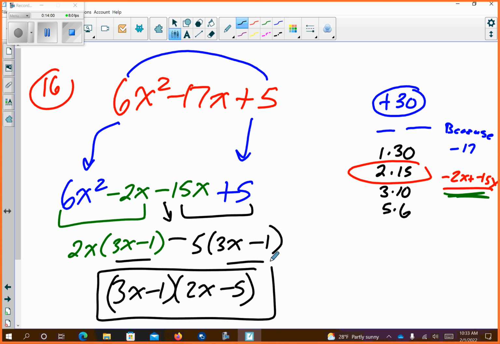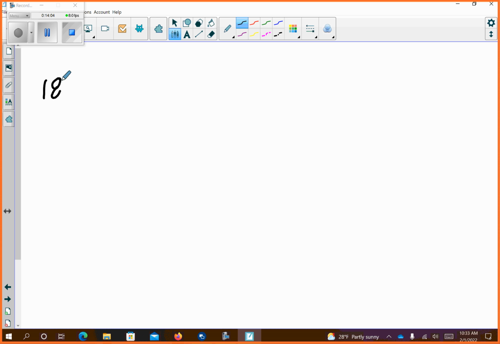All right, 18. You started on it? I know some of you are like, I'm done. You don't have to worry about doing the triangle problem below.